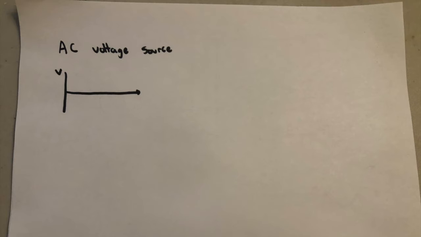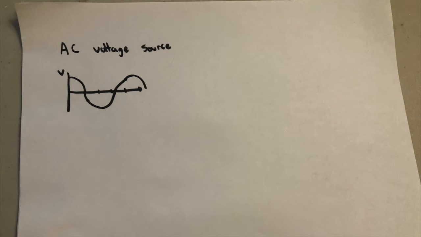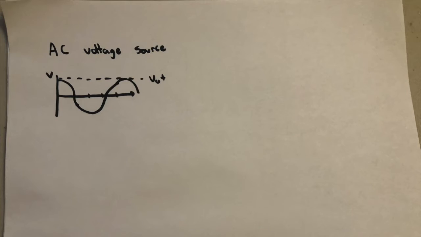Okay, so when we look at an alternating current voltage source, this helps to get my point across. It's still the same, and it has a voltage max positive, voltage minimum.